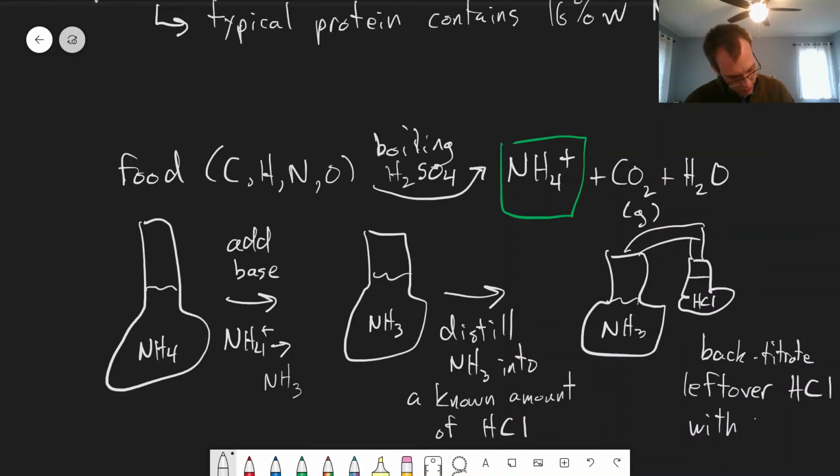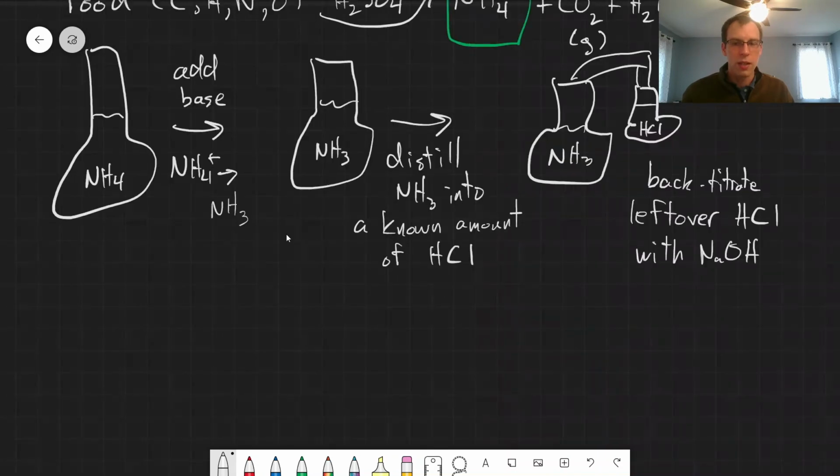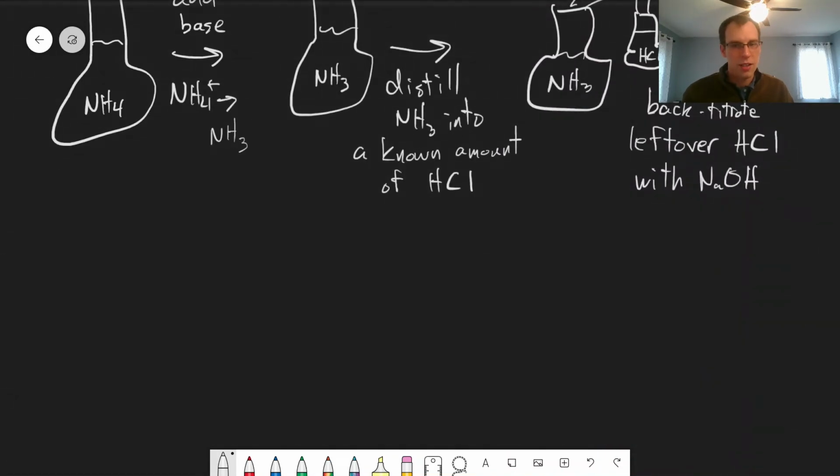We'll back titrate that with sodium hydroxide, some very common, cheap, easy to obtain strong base. The total process of all this is that we can figure out how much nitrogen was in our original sample by knowing how much ammonia reacted with the HCl. So that is a handy thing to know.